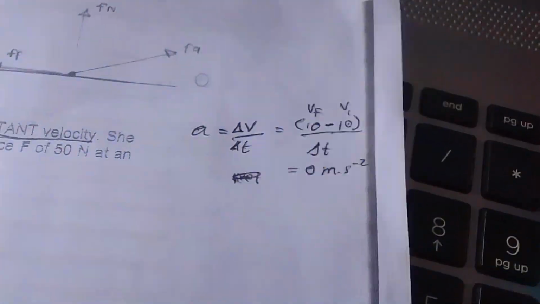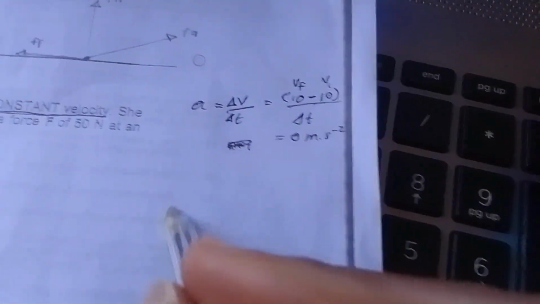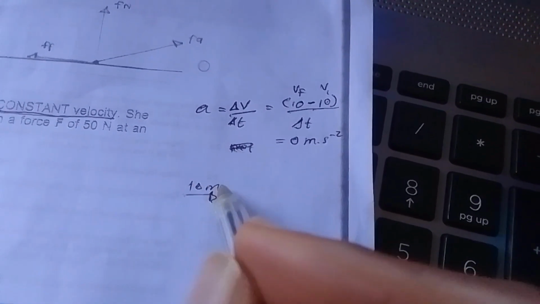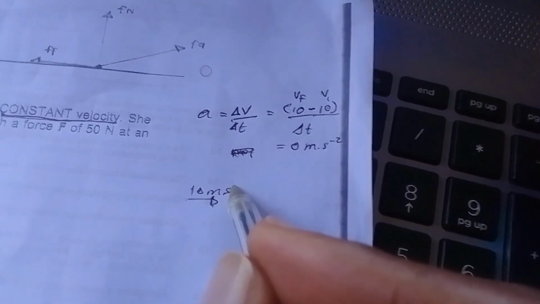Let's say, for example, this person is going to the right at a velocity of 10 meters per second.